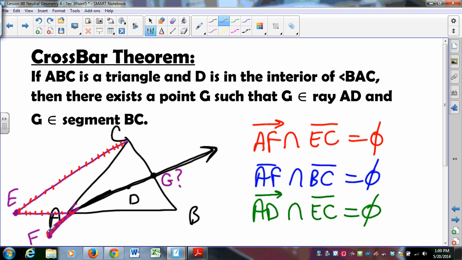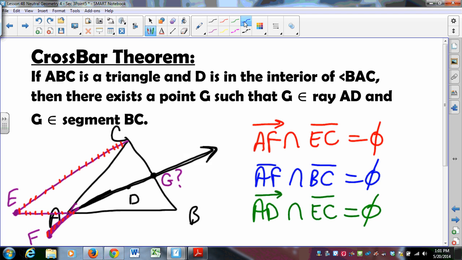But D and C are on the same side of EB by construction. So since C and D are on the same side and F and D are on opposite sides, F and C are on opposite sides. And if F and C are on opposite sides of EB or EA or whatever, then by the Z theorem, AF never hits EC. Doesn't hit the ray, therefore it doesn't hit the segment.